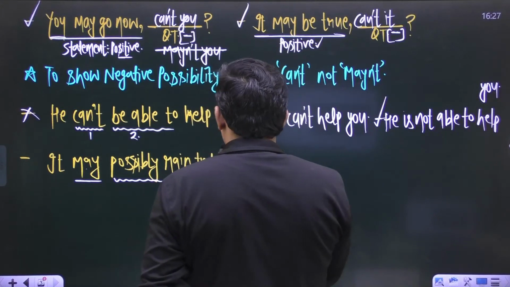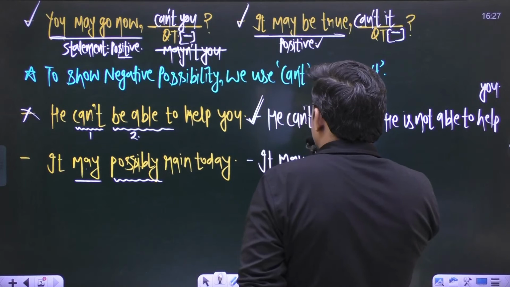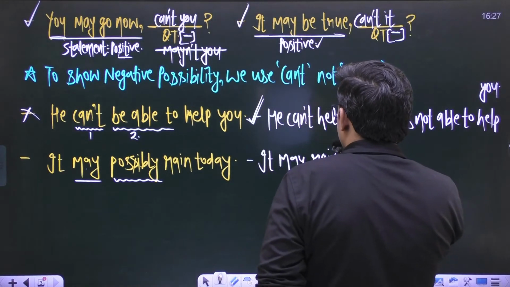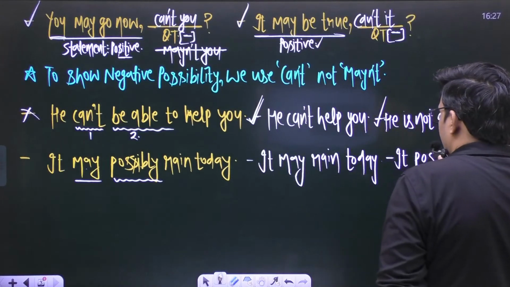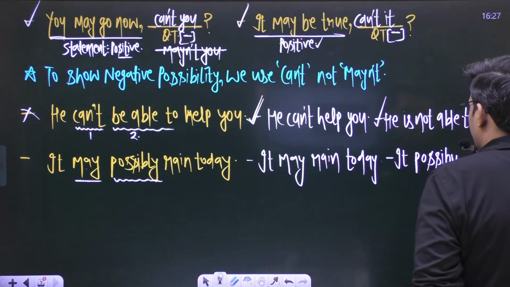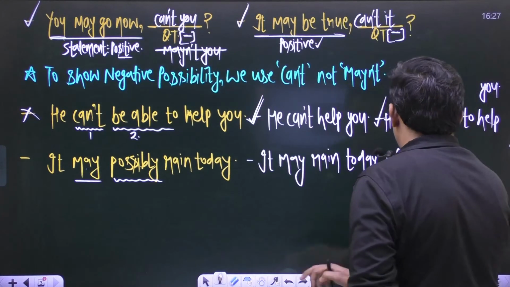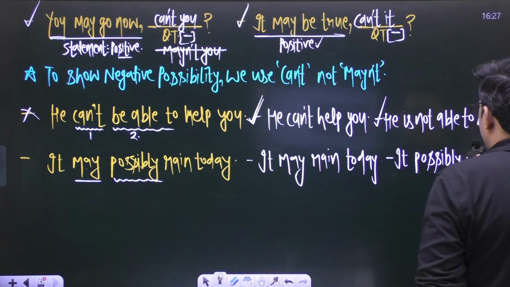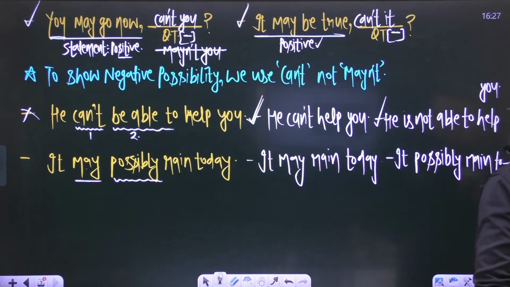So the right answer will be either say it may rain today, or you say it possibly rains today. By both the ways you can make the sentence okay.